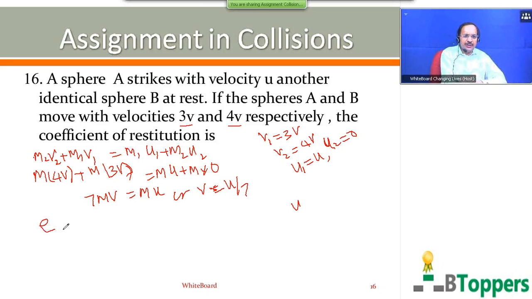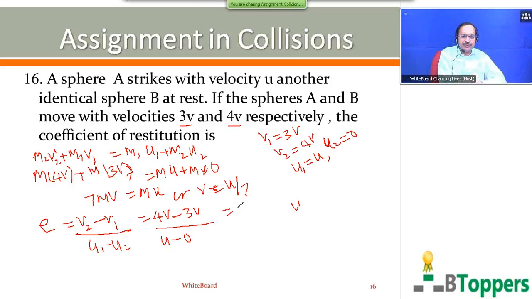The coefficient of restitution e is given by (v2 minus v1) by (u1 minus u2). v2 equal to 4v, v1 equal to 3v, u1 equal to u, u2 is 0.